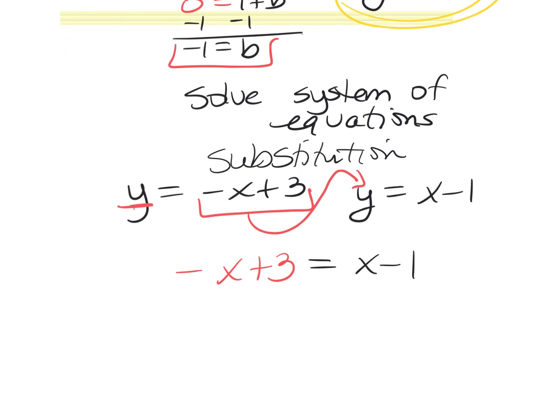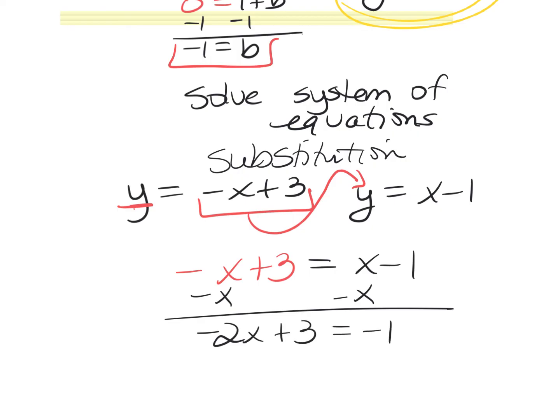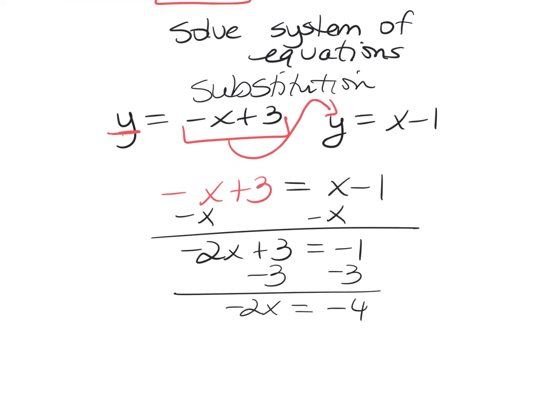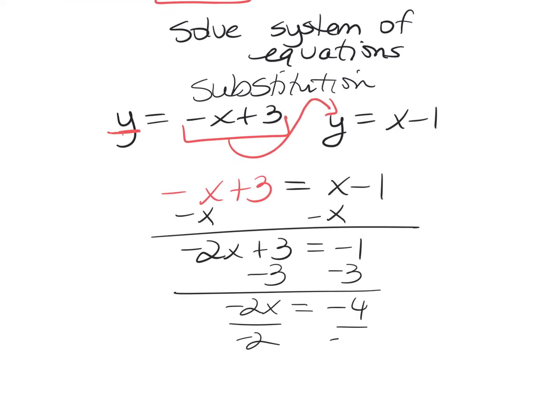I'm going to go ahead and combine my like terms. I could move the x this way or the other way. It doesn't matter. And then I'm going to move the 3. Negative 2x equals negative 4. Divide by negative 2.